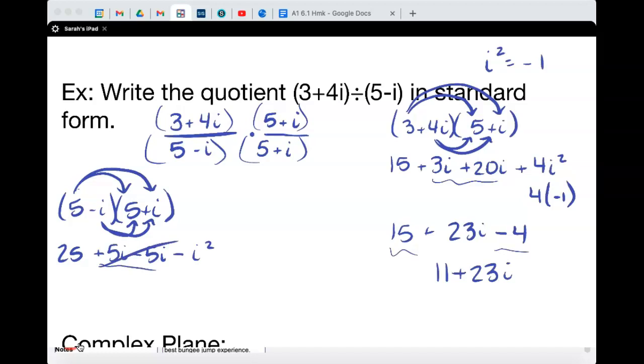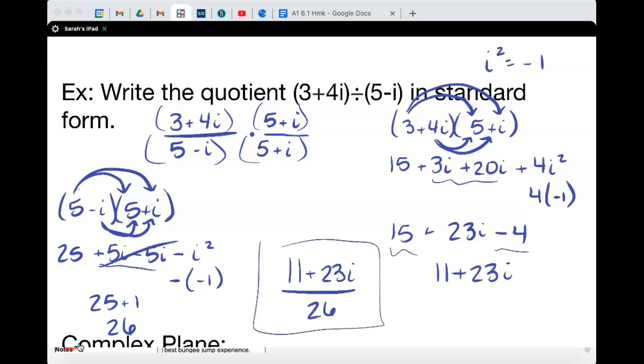And i squared is -1, then 2 negatives and a positive, so it's just 25 plus 1, 26, so that's my denominator. So if I wrote this back together, 11 plus 23i is the numerator, 26 denominator. So we already know how to multiply. It's just like you're doing 2 multiplication pieces in one problem, unfortunately. Perfect. Moving on.